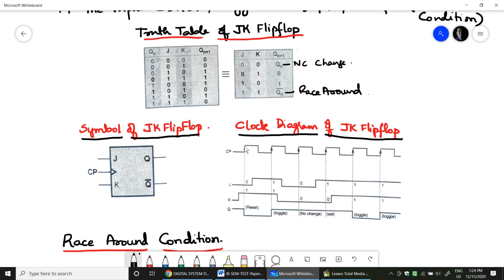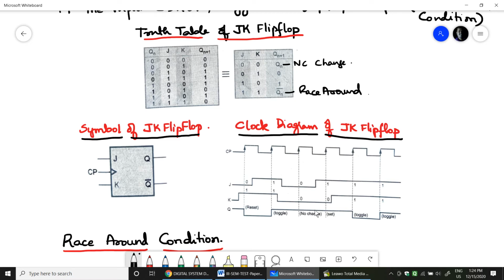So at each positive edge, you see that the output gets changed. Here J is 0 and K is 1, so the output gets into reset state. Now at the next positive edge clock trigger pulse, you see both J and K is 1 1, therefore it comes to toggling state, so 0 becomes 1. At the next positive edge trigger pulse, you see J and K is 0 0, so it remains in the same condition, because 0 0 means it is no change.